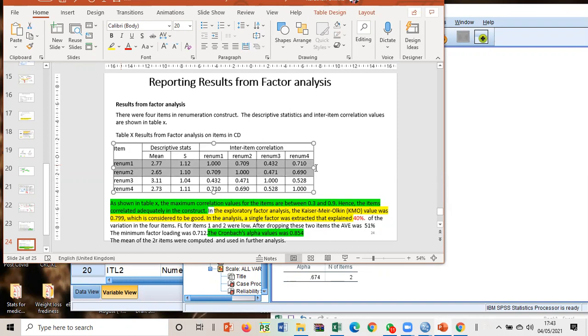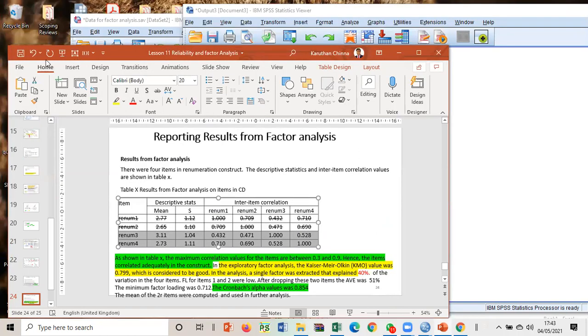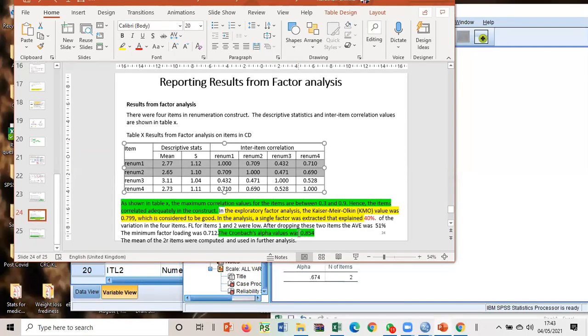Items 1 and 2 are not that strong. So drop 1 and 2 and maintain 3 and 4. But you don't show anything here. Okay. In this case, just leave everything. As you do the analysis one by one, bring in step by step how you're improving the construct. So in construct number 2, we have only two items, and the two items are a good representation of CD.